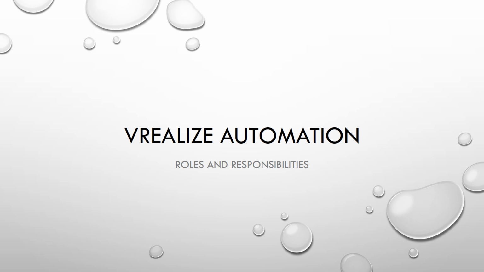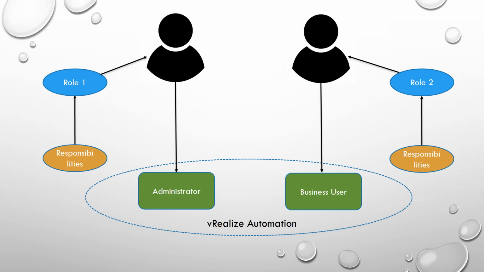This video will cover the role-based user administration, or RBAC, as well as the different responsibilities associated with these roles. User permissions are controlled by vRealize Automation by using roles. The roles that a user has been assigned define the tasks that they will be able to perform.